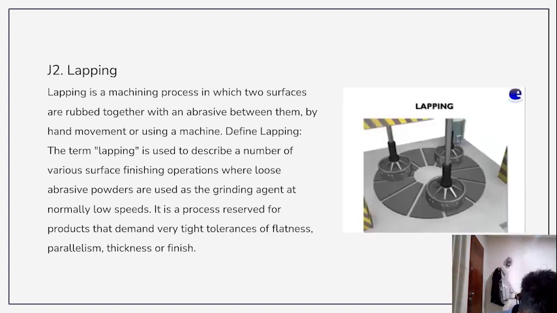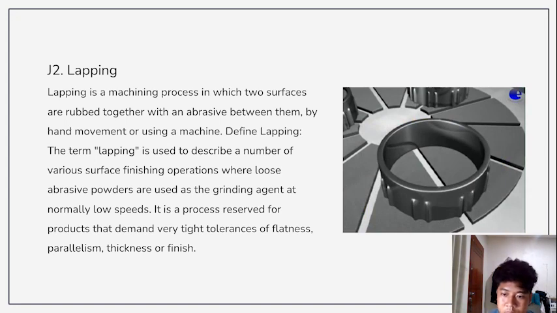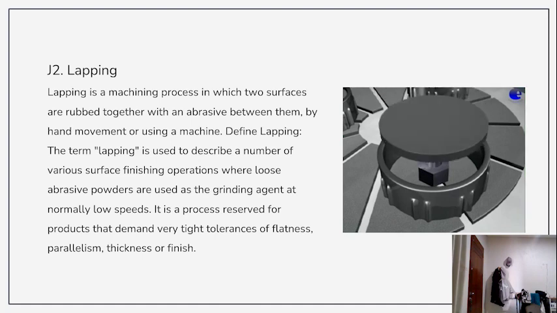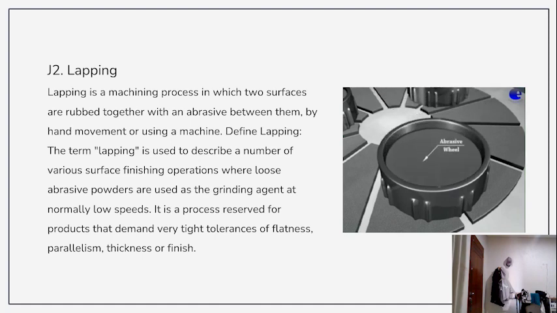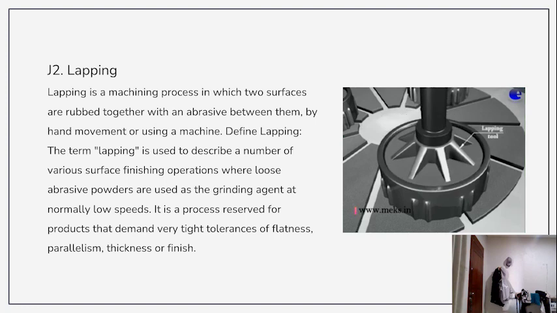Let us see an example of a lapping operation. Lapping is a surface finishing operation. It consists of an abrasive table, workpiece, abrasive wheel, and lapping tool.